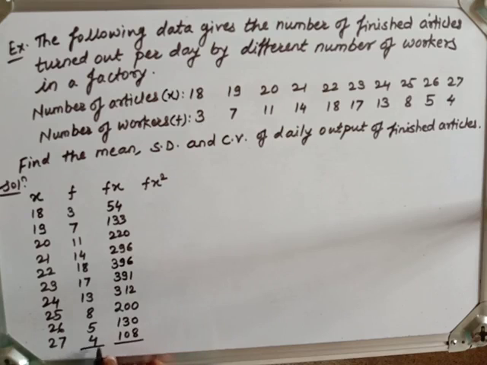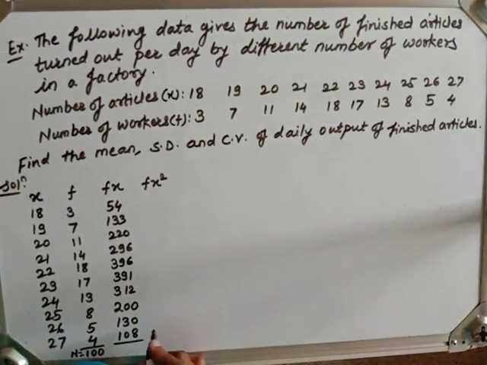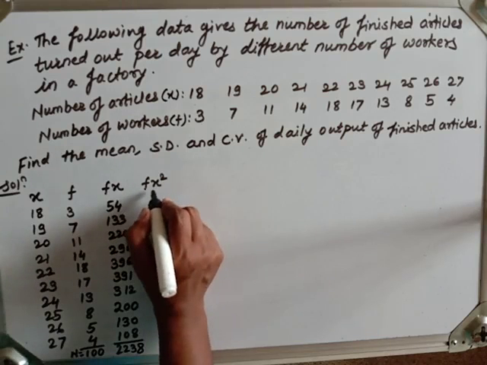We need these sums. Summation f is 100, this is capital N. And summation fx is 2238. Now similarly obtain fx square.